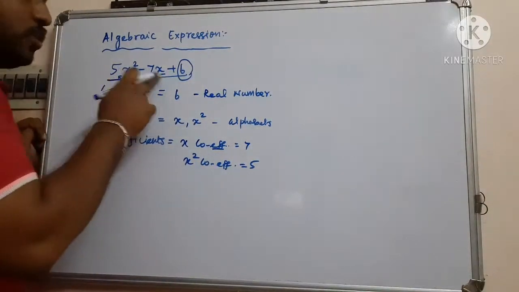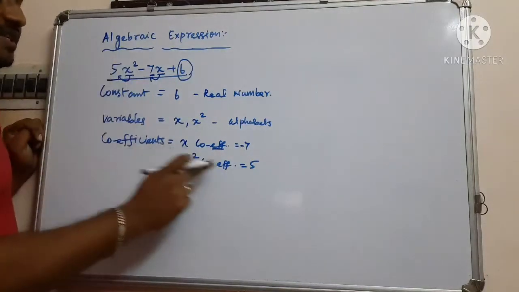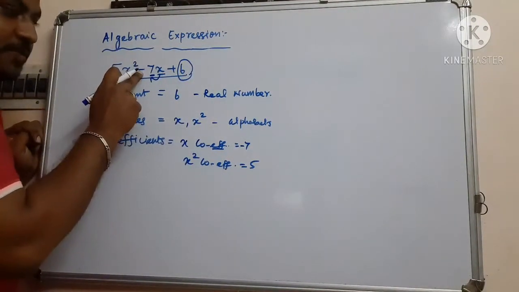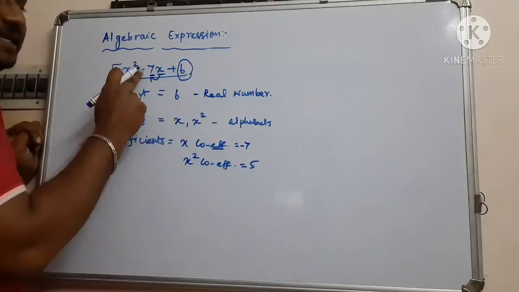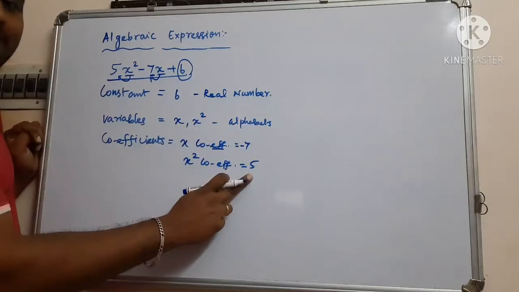That means x coefficient is minus 7, x square coefficient is 5. You have to write with symbols. If it is plus, write plus 7, if minus, write minus 7. For x square, the coefficient is plus 5. You have to write 5.